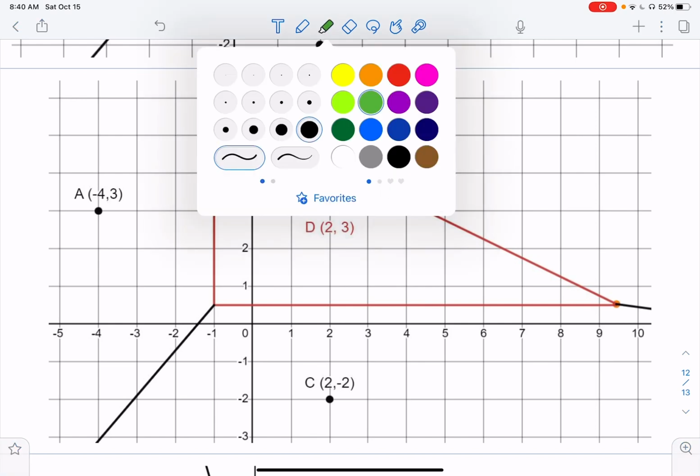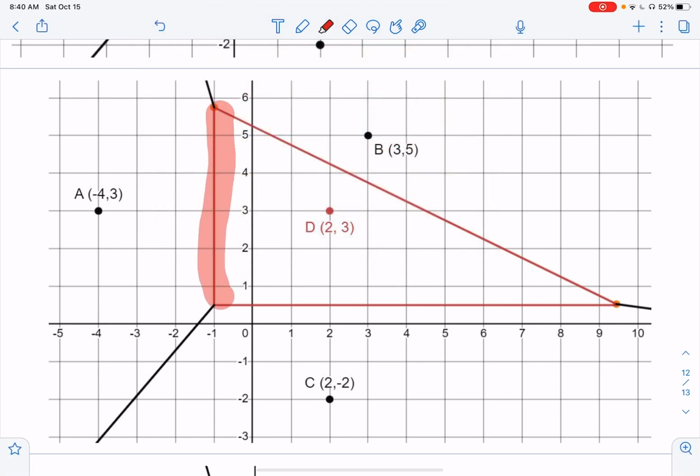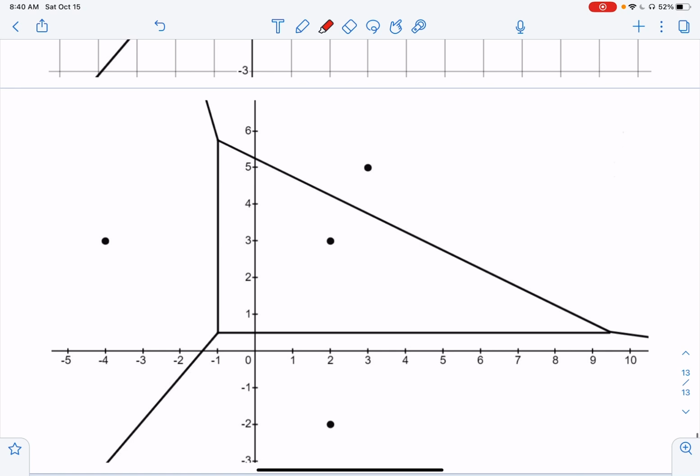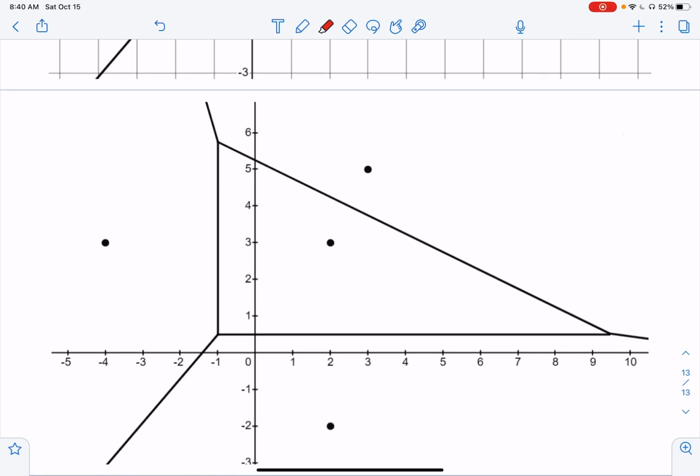We've added this additional cell, D, and the points contained within this cell are closer to point D than they are to either A, B, or C. And here it is. So cleaned up a little bit here, you can see we have this nice clean looking diagram with 4 sites, A, B, C, and D, and the cells that surround them.